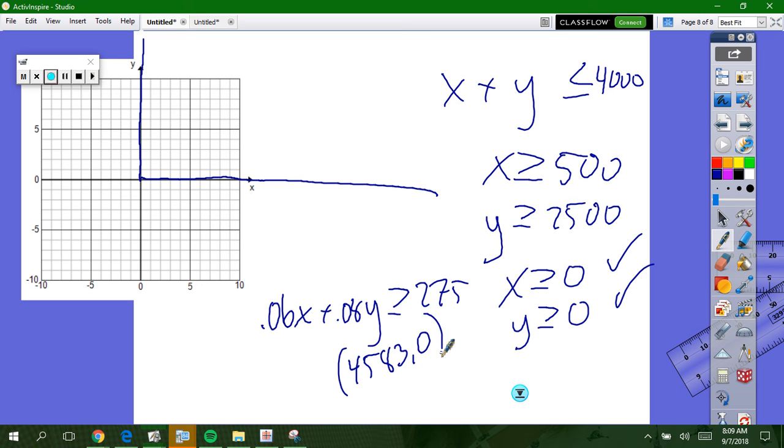How about doing 275 divided by 0.08? 3,437. All right. So, ladies and gentlemen, these are my x and y intercepts.